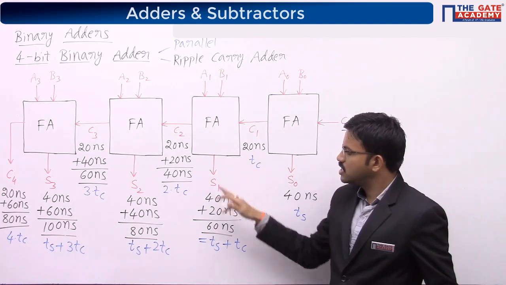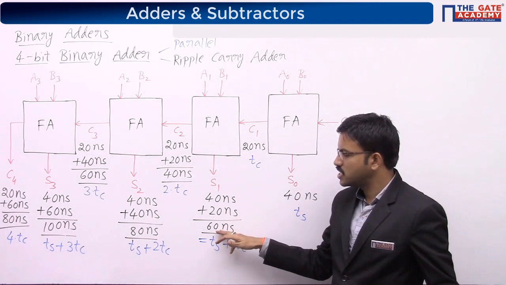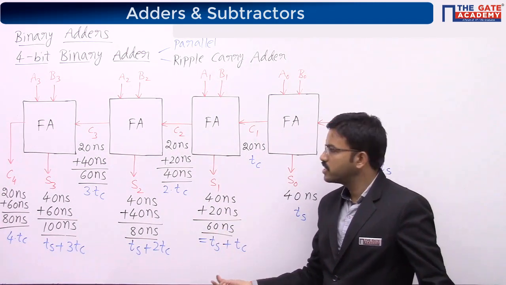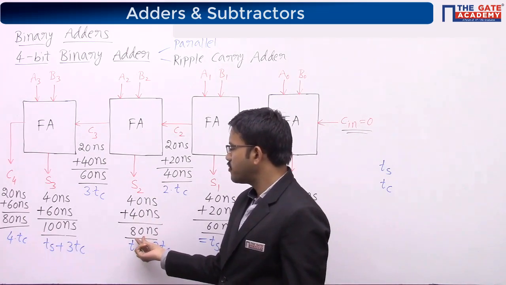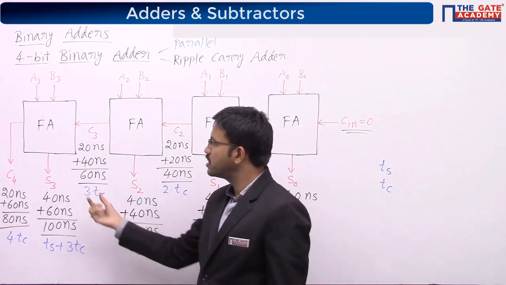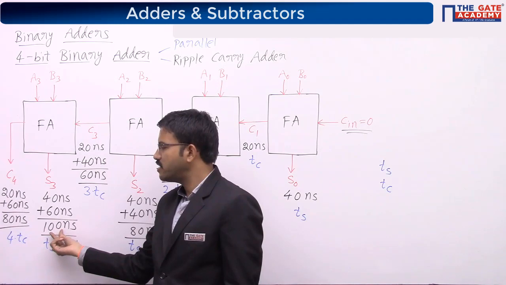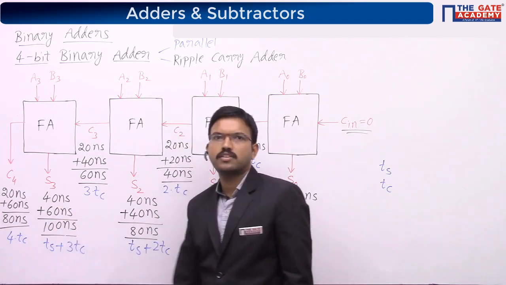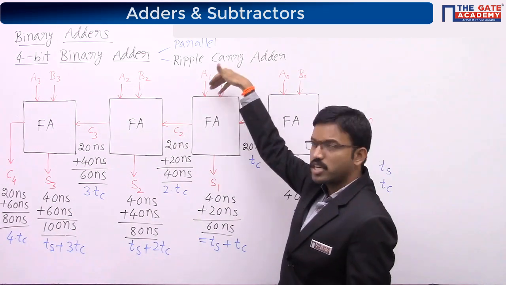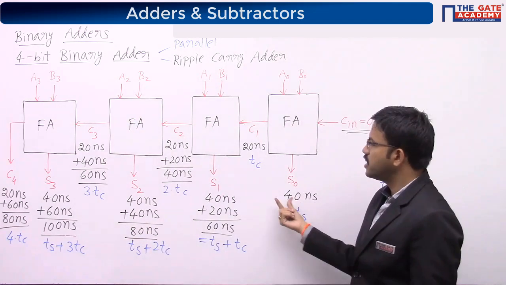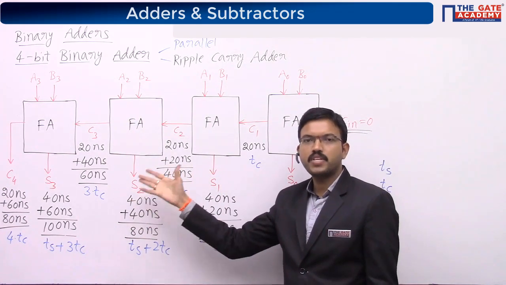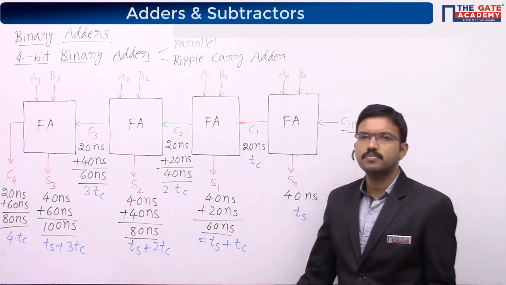So here, this particular full adder after 60 nanoseconds, whatever output is there, that is valid. Similarly for this full adder after 80 nanoseconds, and for this full adder after 100 nanoseconds, whatever output is there is valid. Otherwise, the moment you give the A and B inputs, after 40 nanoseconds you will get some output here that may or may not be valid. That's what I am saying.